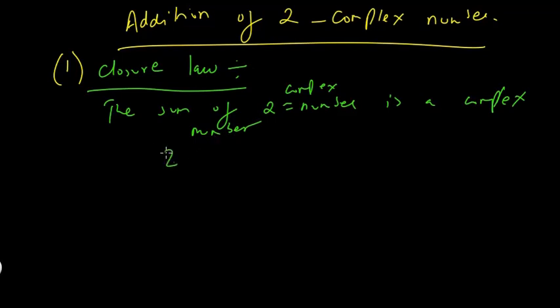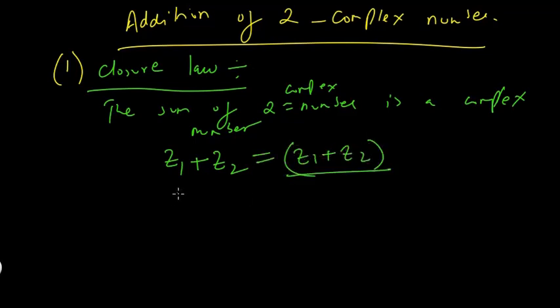Which means if the first complex number is z1 and the second complex number is z2, then z1 plus z2 is also a complex number. So this is what closure law states.